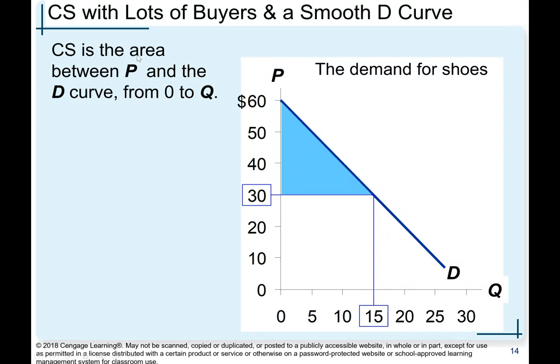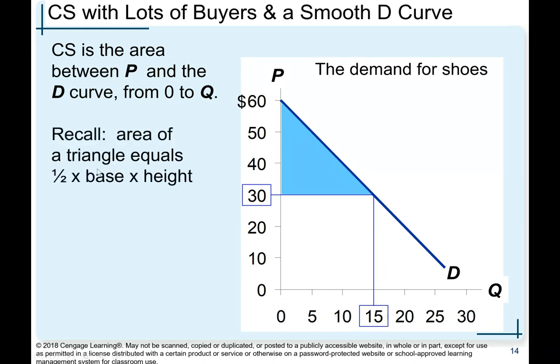Consumer surplus is the area between the price, $30, and the demand curve, the area under the demand curve. It is this blue triangle from 0 to 15. Recall the area of a triangle equals 1/2 times base times height.